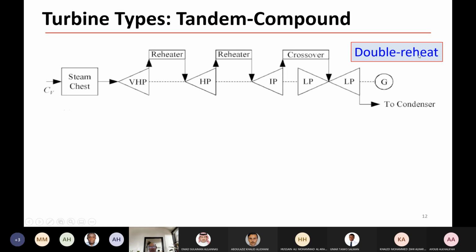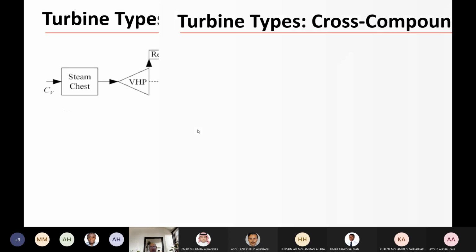You may have double reheat: a very high pressure section, reheat, high pressure section, reheat, intermediate pressure section, and then low pressure sections. These are tandem compound. All are on the same shaft, connected in series.